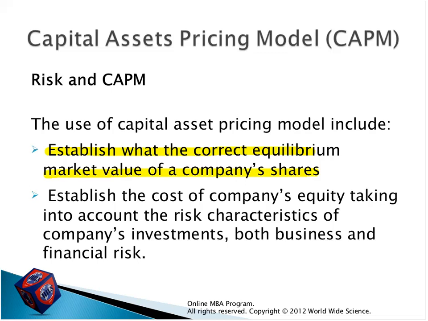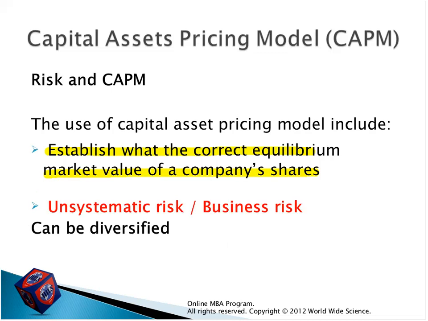That means we identify the value of company shares in the markets. It establishes the cost of the company's equity, taking into account the risk characteristics of the company's investment, both business and financial risk. And as well, we can identify the company's costs based on what we have done in the previous methods.